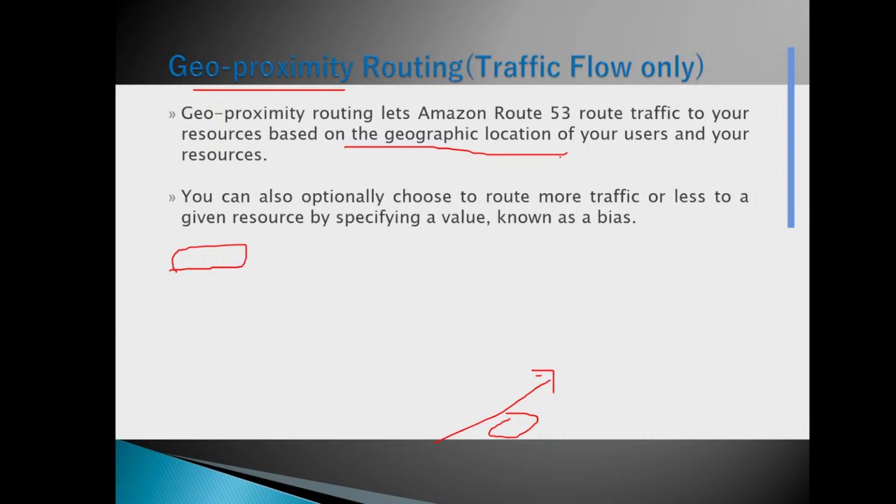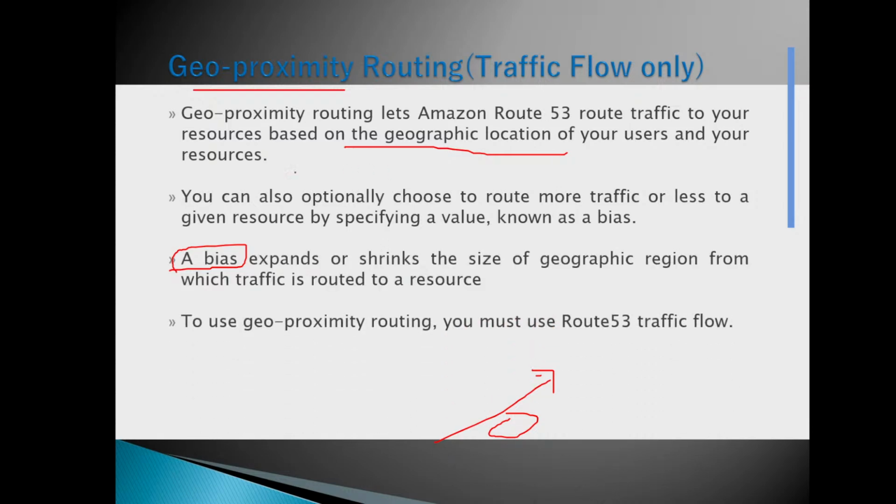For example, if a request is coming from Russia and there are some EC2 machines in the given country where you don't want the traffic to be sent completely, you want to create a bias, send less or send more. So accordingly you can increase or decrease the traffic. A bias expands or shrinks the size of the geographical region from which traffic is routed to the resource.